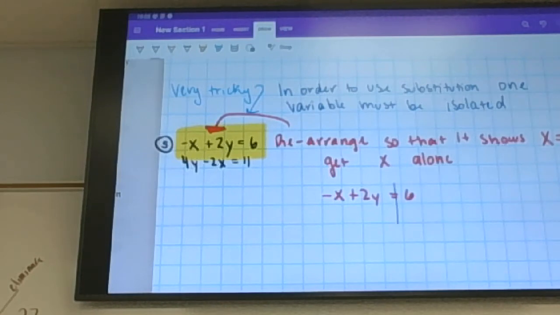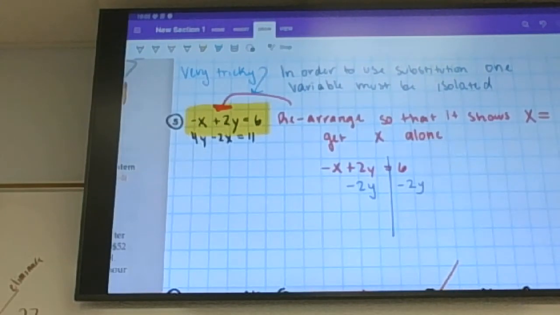So here's the line. I would subtract 2y from both sides. And you can't do 6 minus 2y. The 6 didn't have a y with it. So the 2y is just moving over. You can't combine them. You can't make it 4, nothing like that.